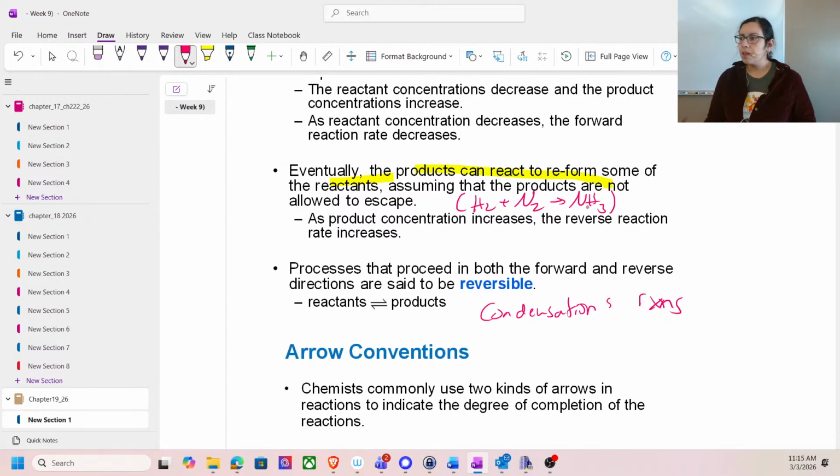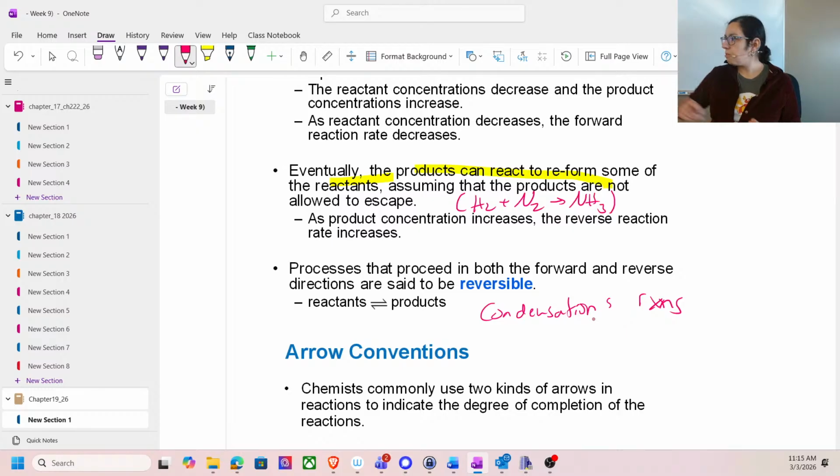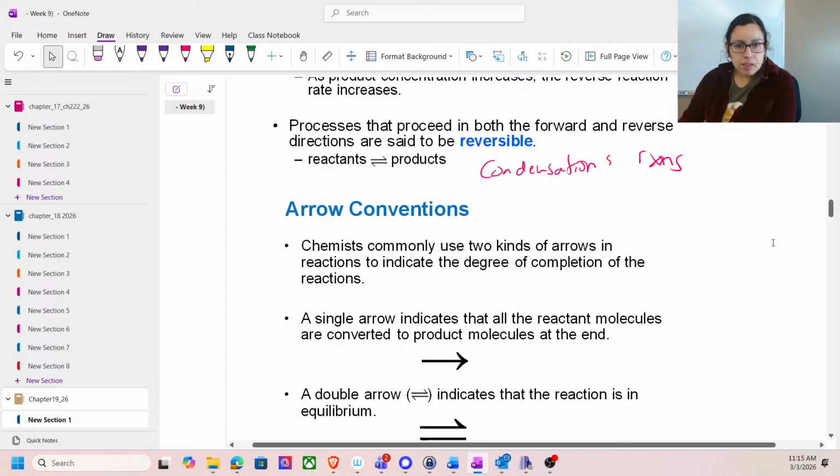That could be, how do we distill off some of the products so that these can keep reacting at difficult conditions? So going back to the condensation reaction, how do you get rid of water to keep that reaction driving forward? Or whatever products you want to escape, to continue pushing the reaction forward. So just something to keep in mind.